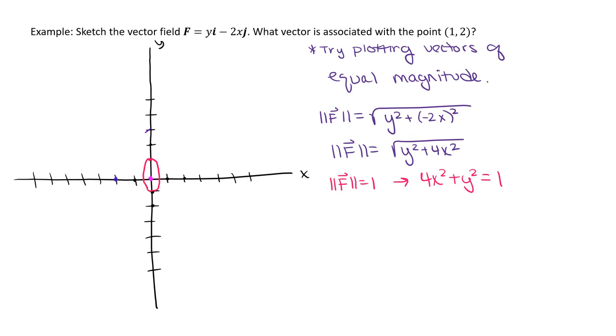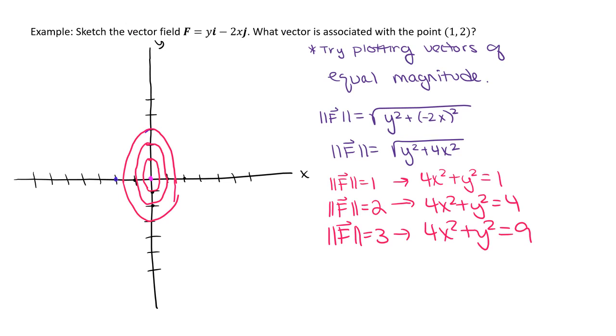So I'm just going to set this magnitude, the square root of y squared plus 4x squared, equal to 1, square both sides, and I end up with the equation of an ellipse. 4x squared plus y squared equals 1 is an ellipse centered at the origin, and that's what I tried to graph on my axes. So that little ellipse I drew in red are places where the vectors have a magnitude of 1.